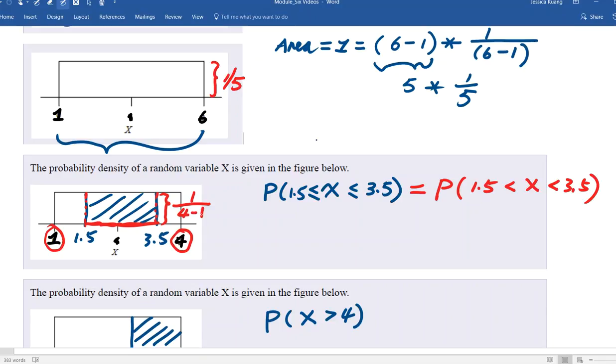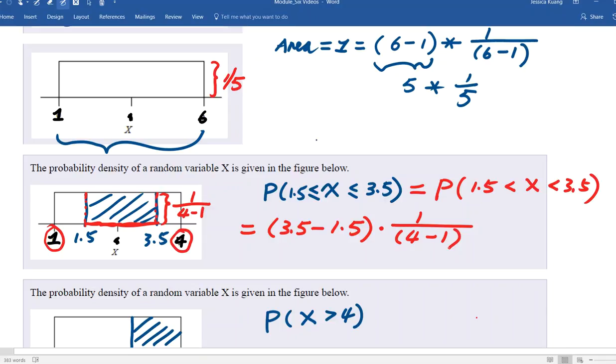Now the length at the bottom equals 3.5 minus 1.5, so the upper bound minus the lower bound for the shaded region, times the height, which is 1 over 4 minus 1.